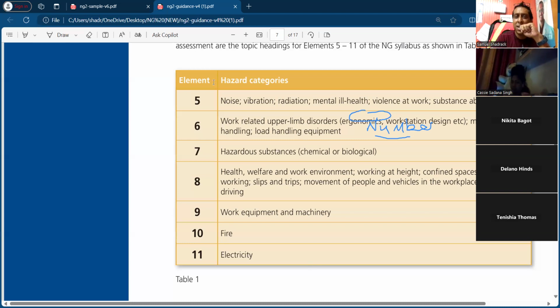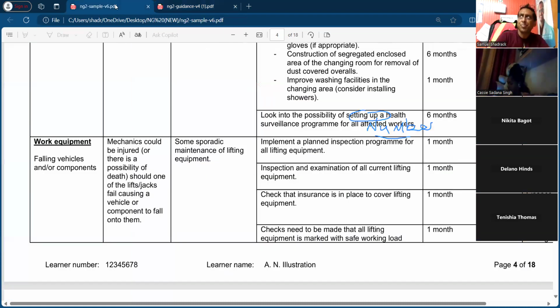Like I said, I could go through and show where all the mistakes are. But if you follow the instruction, which was to use that sheet I just showed you, you should not make these mistakes. Some students do. We ask them, "Why did you put work equipment?" and they say, "Well, sir, we saw it in the sample." But I say, remember, the sample has good and bad things in it. Beyond the sample is the guidance. The main document is the guidance, not the sample.